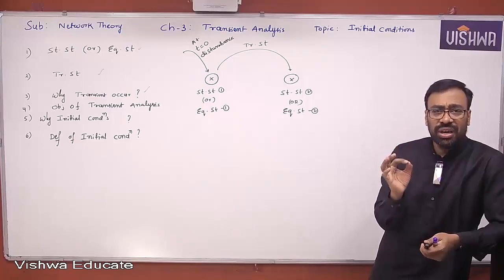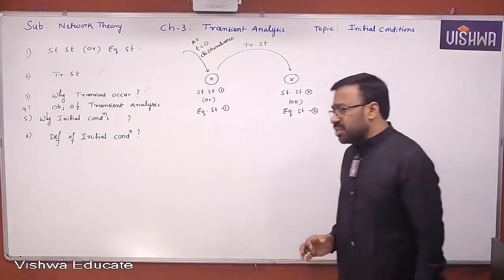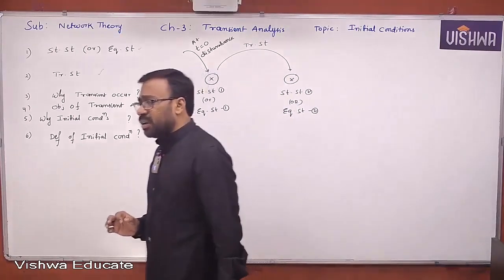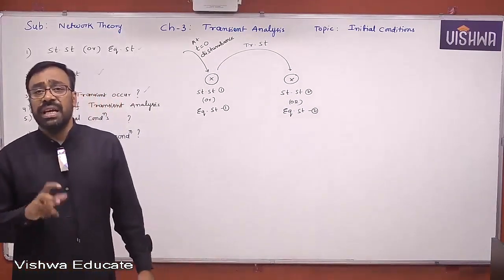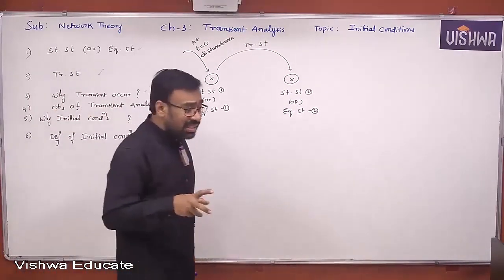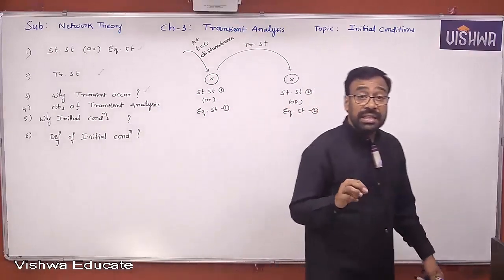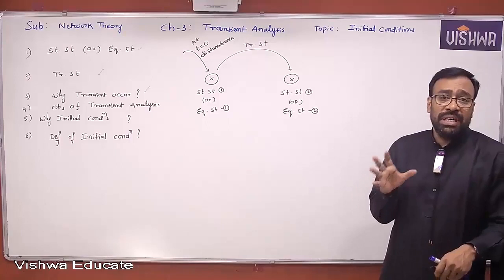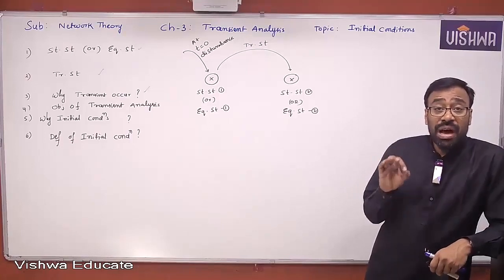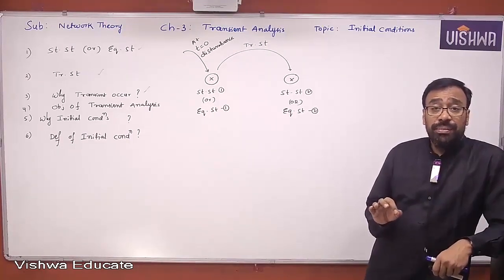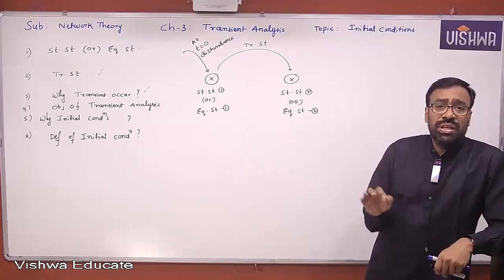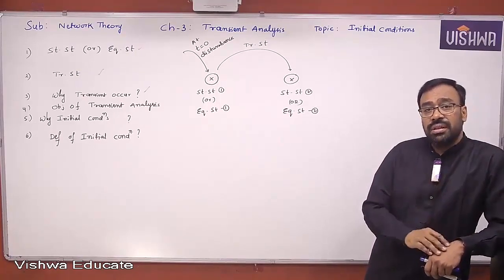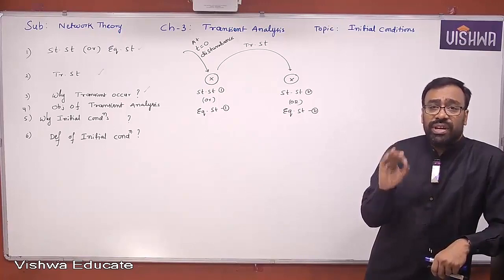Because of the inertia. In mechanical systems, you have storage elements like mass and spring elements. In electrical systems, inductors and capacitors are the storage elements. Wherever you have storage elements, because of the initial amount of energy stored in them, they exhibit a certain amount of inertia.